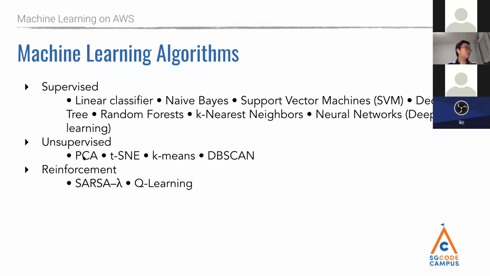For unsupervised learning, we have PCA, K-means, DBSCAN. These are all well-known algorithms that help you to build machine learning models. And for reinforcement learning, you can see there is Q-learning, also lambda.